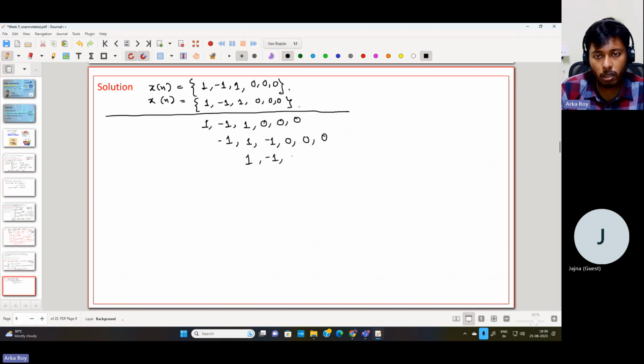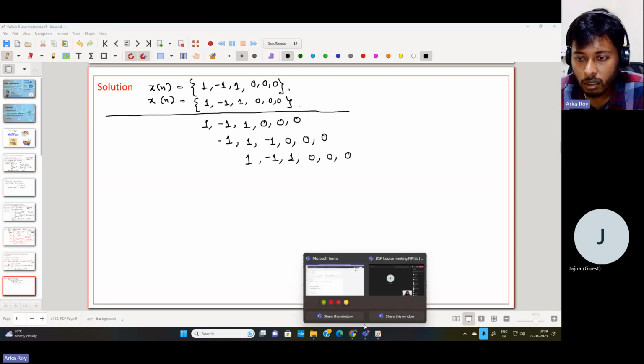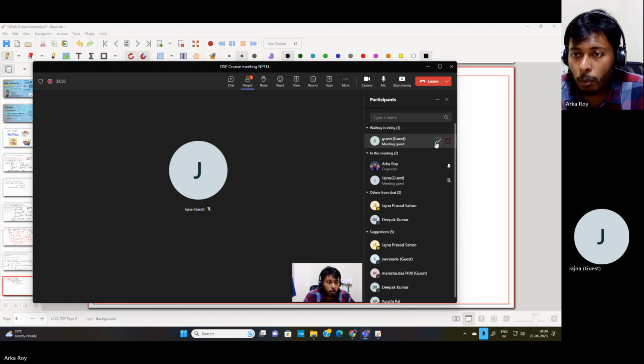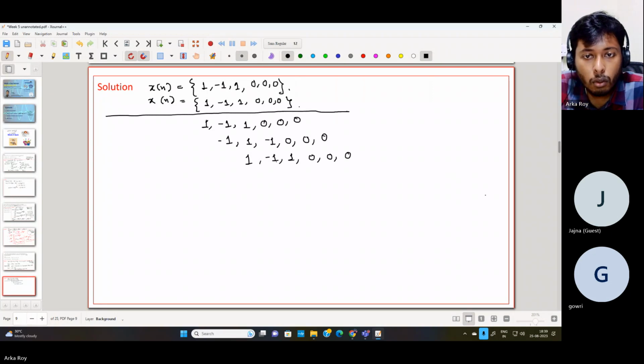So 1, -1, then 1, then 0, 0, 0. Fine. Now we'll be multiplying this 0. Then I guess let's join. So over here, we'll be multiplying with 0.